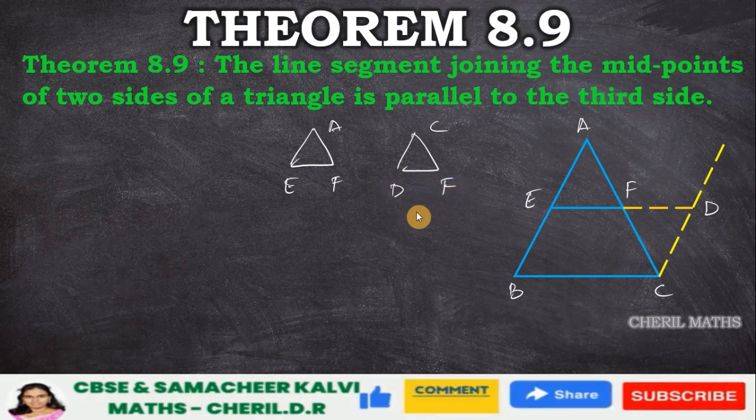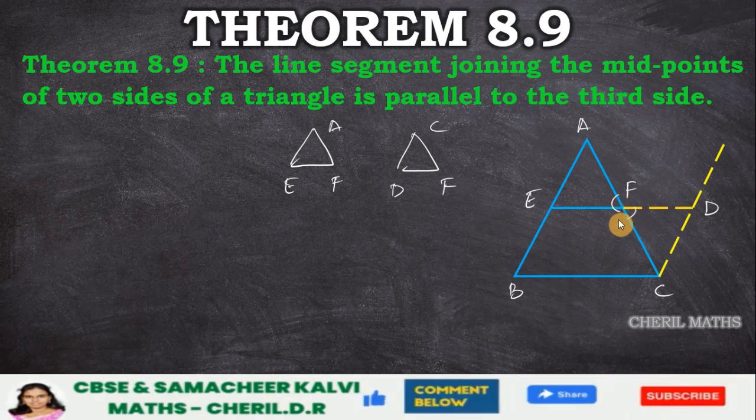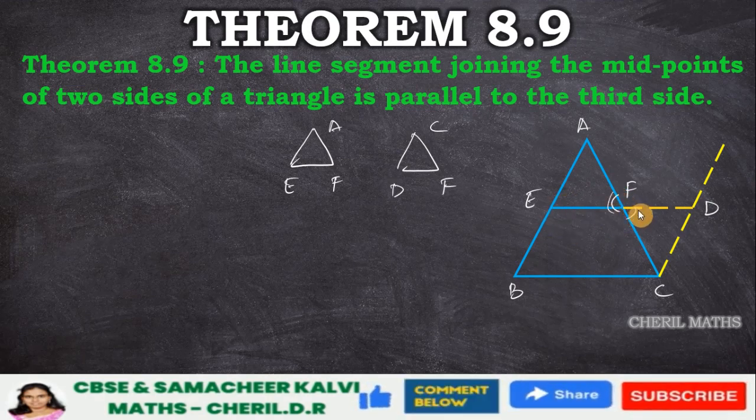We are able to prove that this angle and this angle are equal. Likewise, this is equal to this. So your angle E is equal to angle D, and angle F here is again equal to angle F here. So we can say that these two triangles are congruent.